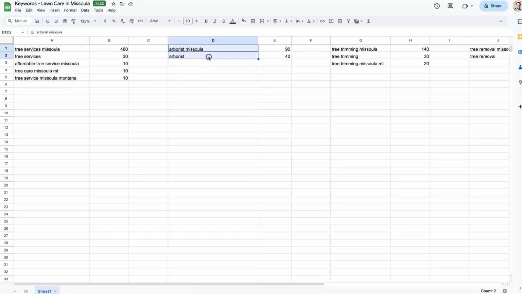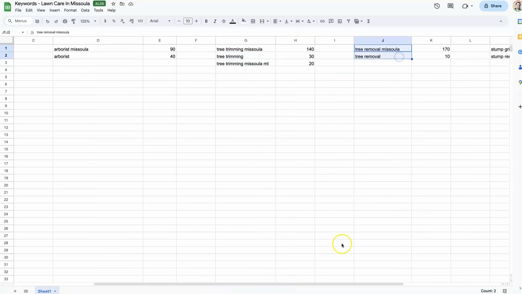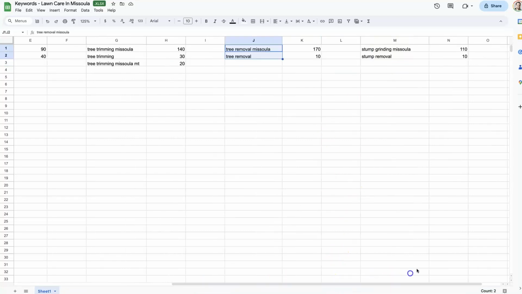And then in this ad group, we would talk about how we're a Missoula arborist and call us today. And then this one, we talk about how we offer tree trimming services in the ads. This one, we talk about how we remove trees in the ads. And this one, we would talk about how we offer stump grinding and stump removal in the ads.